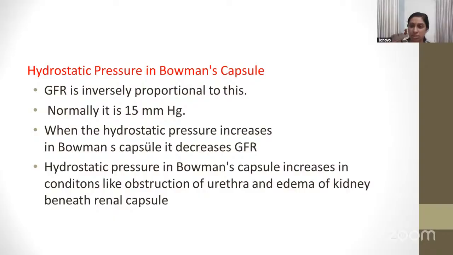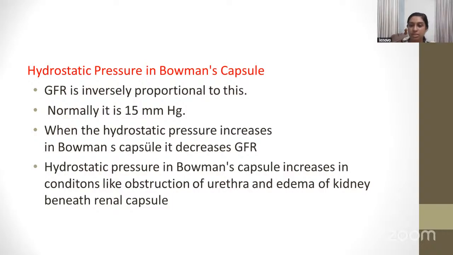That further decreases the amount of filtration. Okay, in the Bowman's capsule, not in the capillaries. When the Bowman's capsule is having more water, or the hydrostatic pressure inside the Bowman's capsule is more, that means the filtration is more and it has to be reduced. So GFR is inversely proportional to the hydrostatic pressure inside the Bowman's capsule.